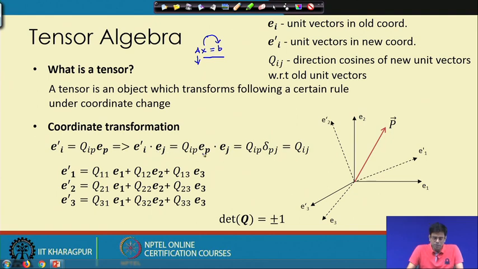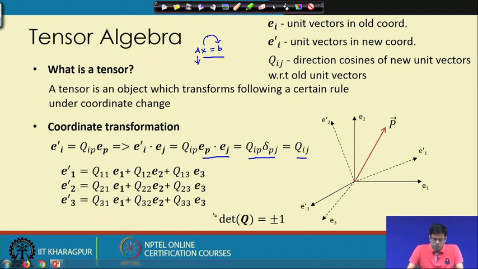The proof is very simple, because this will be delta_pj, and delta_qip times delta_pj survives when p equals j, giving Q_ij. Similarly, we can write that e1 prime is Q11 e1 plus Q12 e2 plus Q13 e3 and so on. This defines the components of the rotation matrix. We will see this through an example.